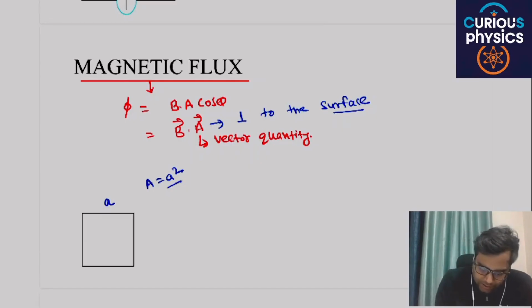Area vector is always perpendicular to the surface. So in this case it is up to you what direction you will choose as the area vector. It can be away from you or it can be towards you.